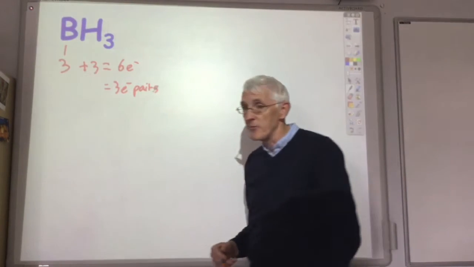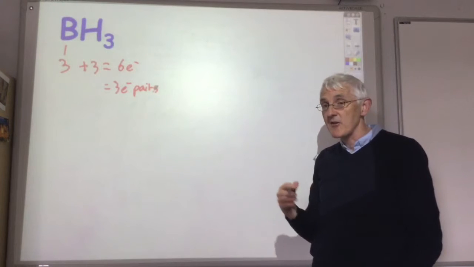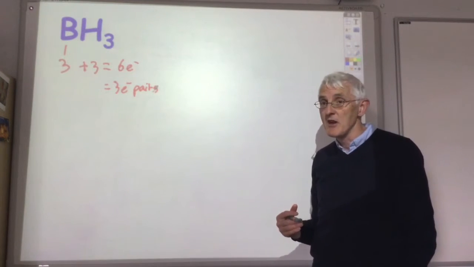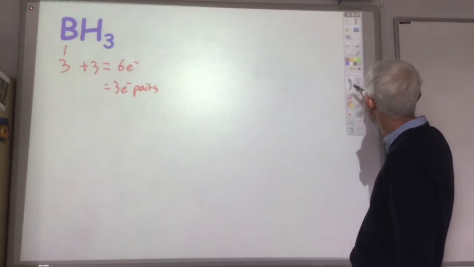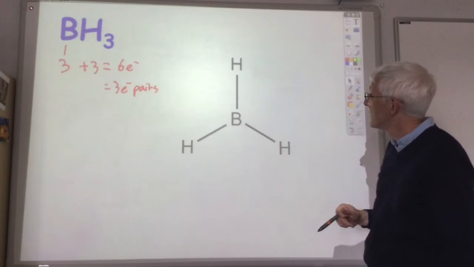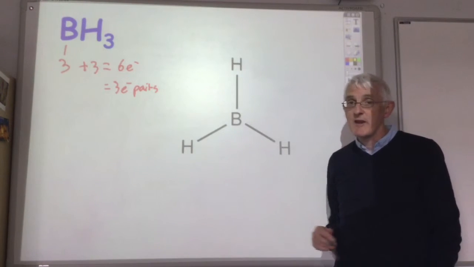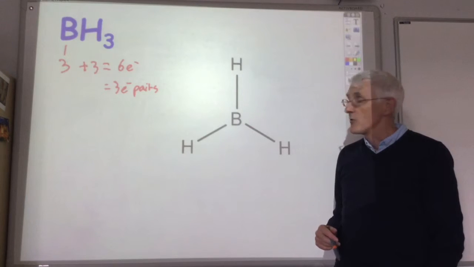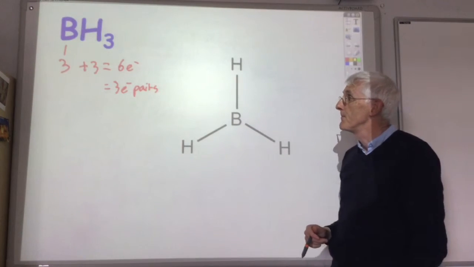So 3 electron pairs, we would expect the electron arrangement around the boron atom to be trigonal planar. So there's a trigonal planar arrangement of the electron pairs around the boron atom.